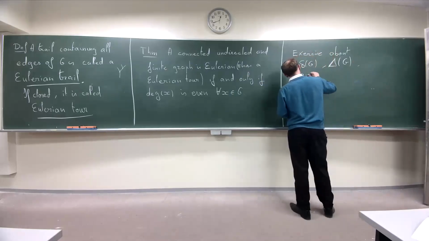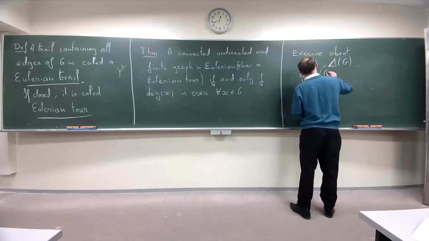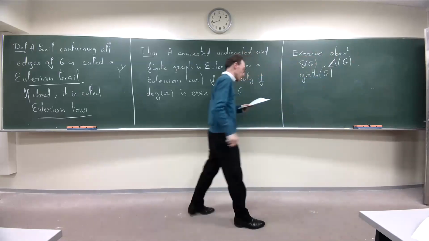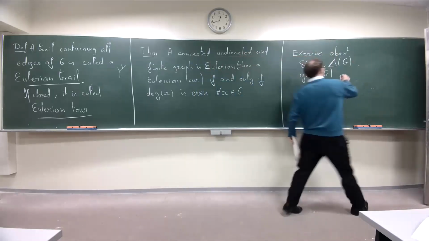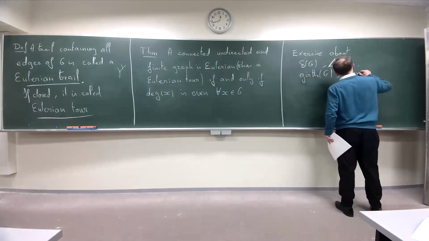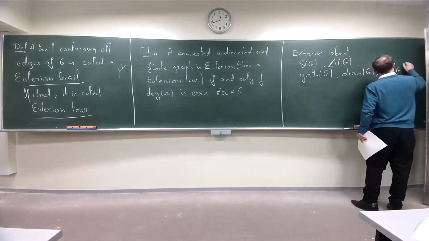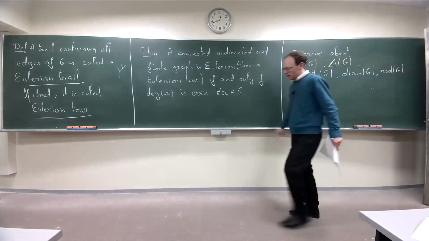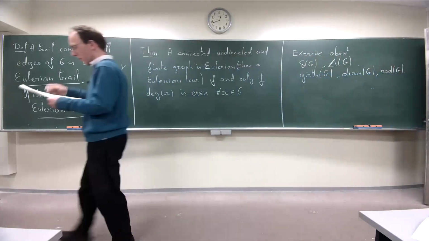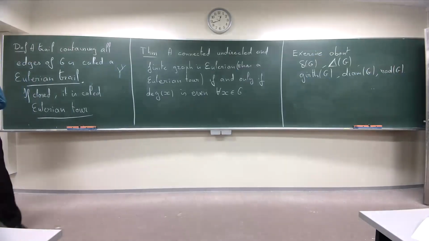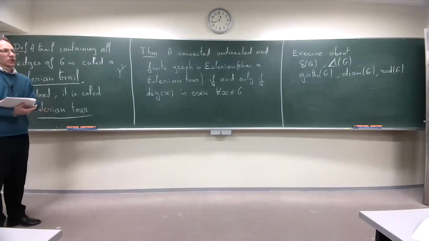The girth, the smallest closed cyclic path, the diameter of G and the radius of G. So if you want to study a little bit these properties, you can look at this exercise. It's theorem 126.